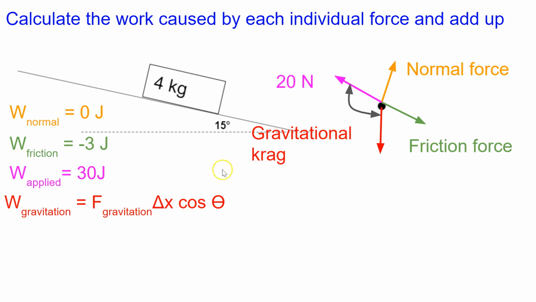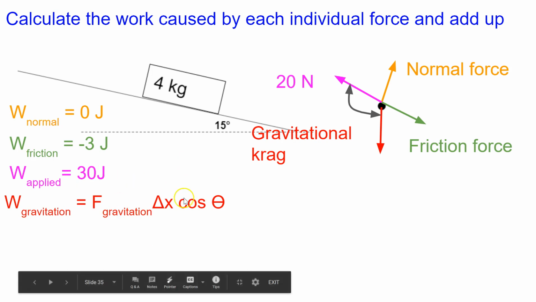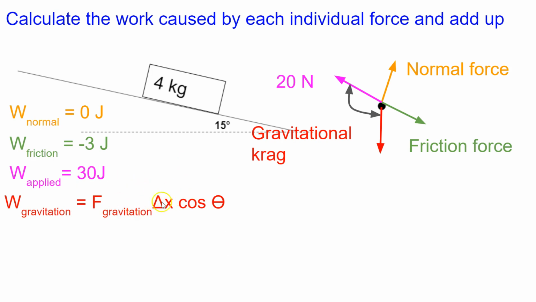Now for the gravitational force, I need, remember, to fill in this equation. I need the distance over which it's moving, the force itself, which is mg, mass times gravitation, times the 1.5. But this theta is not the angle between the force and the gravity, it's the angle between the gravitational force and the direction in which this object is moving.